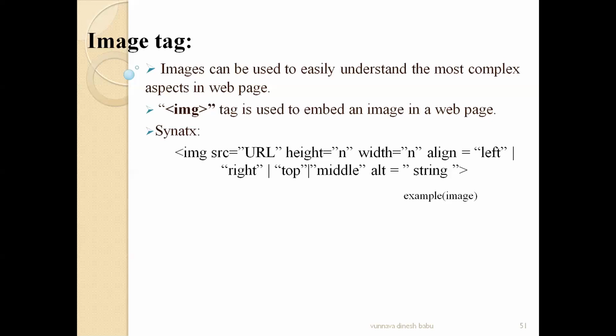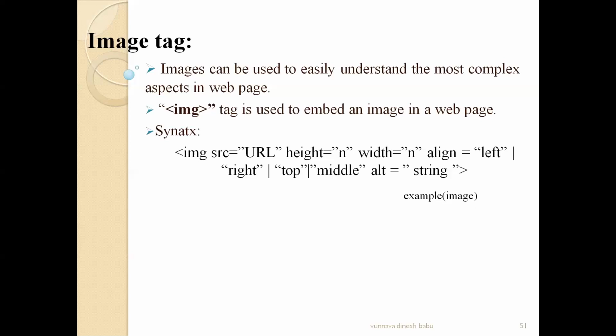This is how we can specify the position of the image on our web page. We can position it on the left, right, top or middle. By default, if we don't use this align attribute while writing the image tag, that particular image will be aligned at the left of the web page.